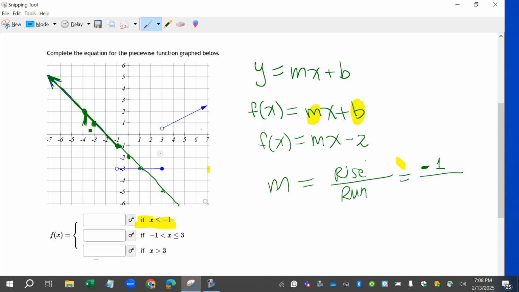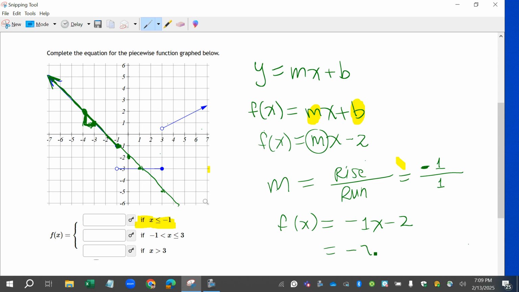And then also when I move horizontally to the side, I'm moving to the right, which is in the positive direction of x. So that will be a positive move of 1. So my run is +1. And then just simplifying that would be -1. So now I can replace that where the m is in my function equation, and I have f of x equals -1 times x minus 2, or we really usually don't write the 1.